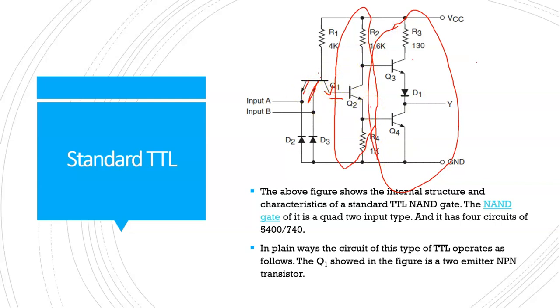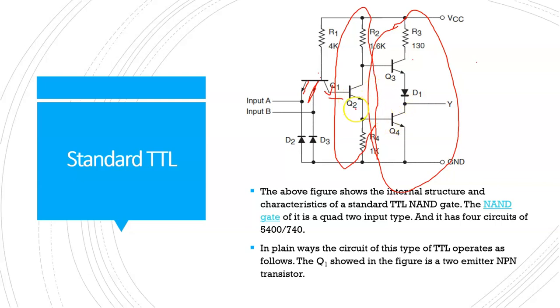And one thing you need to remember: when one of the inputs is low or both the inputs are low, the emitter base junction is forward bias and the collector base junction is reverse bias. When both the inputs are high, the emitter base junction is reverse bias, and the emitter behaves as a collector, and the collector behaves as an emitter.